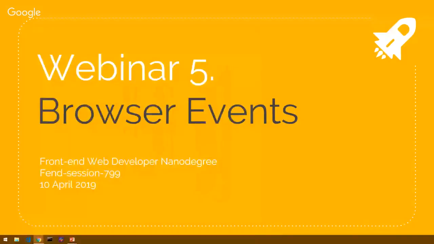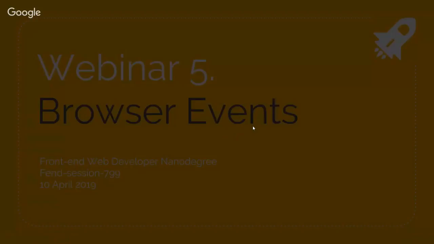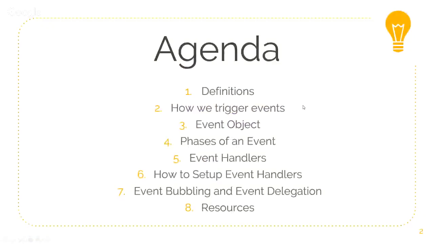Okay, so here's our topic, browser events. This is our agenda. First off, we'll look at some definitions to try to make sense of what browser events are and have some kind of reference definition we can use in the future. After that, we'll take a look at how browser events are triggered.